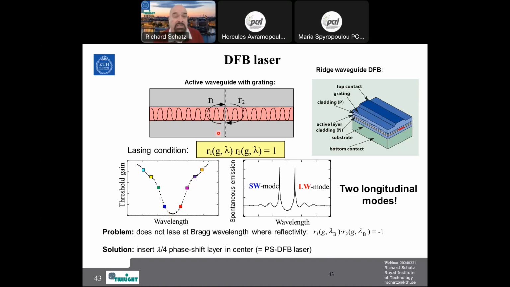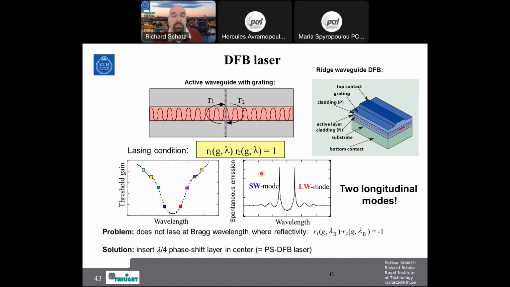And the reason why it doesn't lase where the reflectivity of these gratings is highest is because the phase condition is not fulfilled there. So it is forced to lase on one of these two modes here, or on both modes, the short wavelength mode and long wavelength mode.